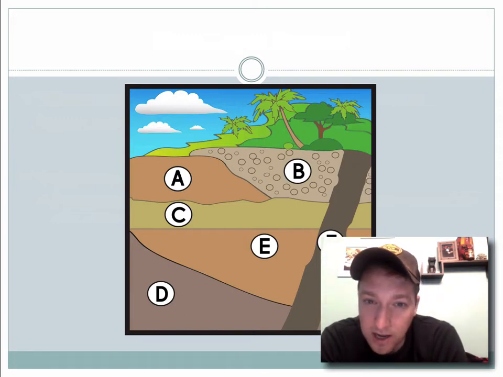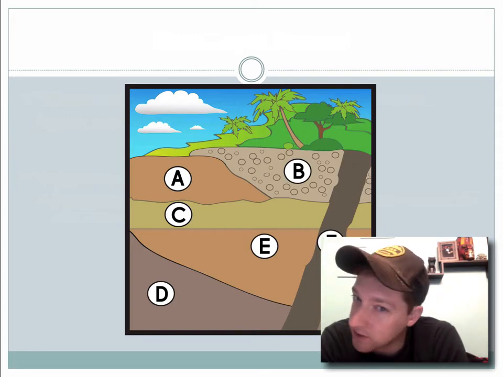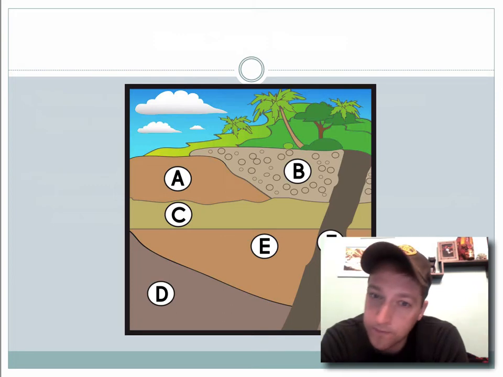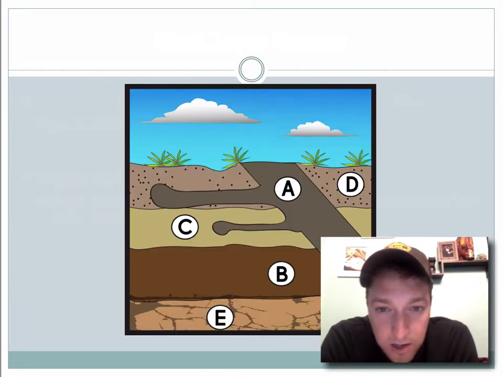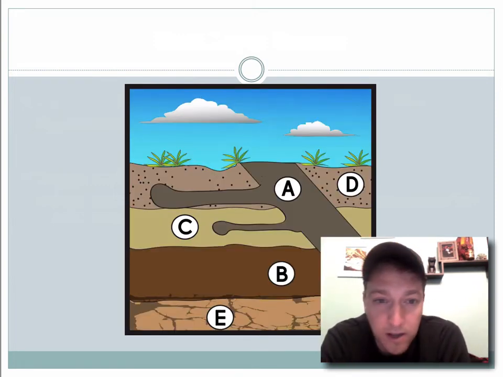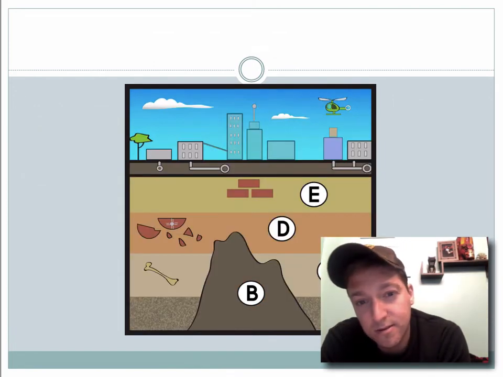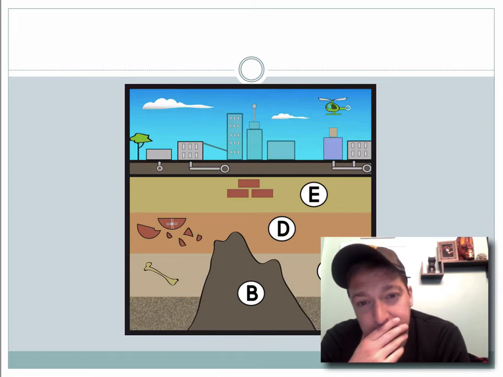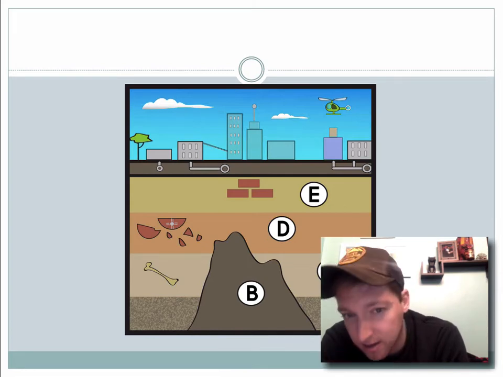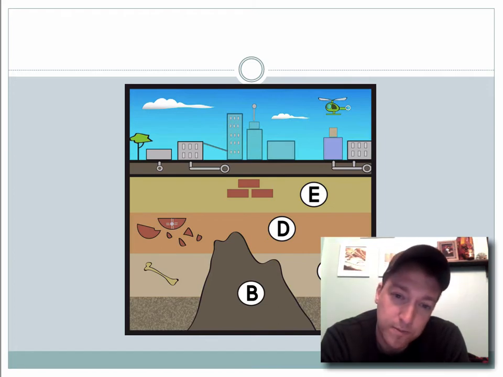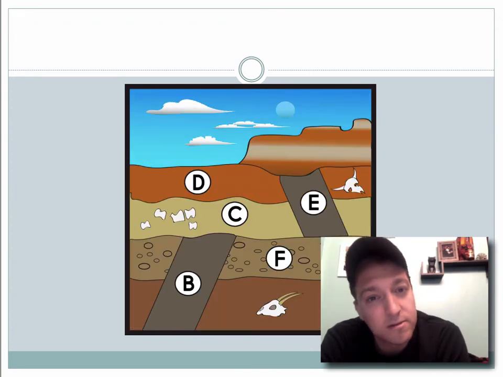So that should tell you that F happened the most recently. For this one, A went through all the layers in a similar way, so A is the youngest. For this one, B is not the youngest, but B went through A, C, and D. So B happened more recently than A, C, and D, but not E.